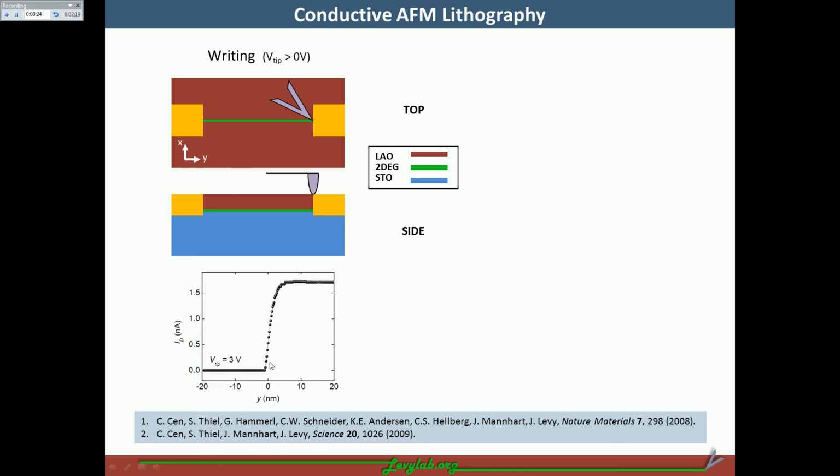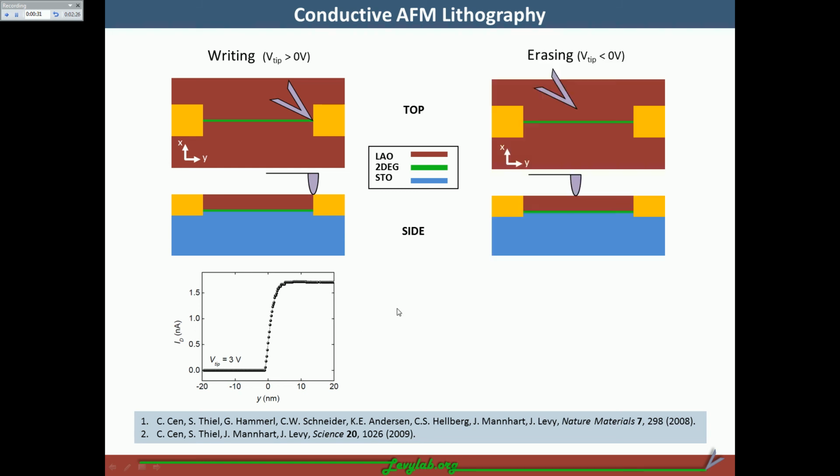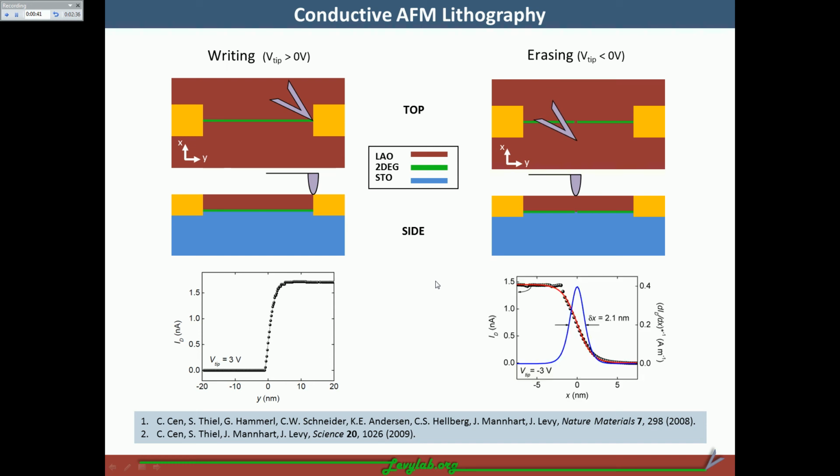And so we see an increase in the current when this wire is completed. We're also able to cut the wire by applying a negative bias voltage to the tip. And so we scan across the wire, we see a decrease in the current, and we're able to characterize the width of the wire. We're able to achieve wires of about 2 nanometers.